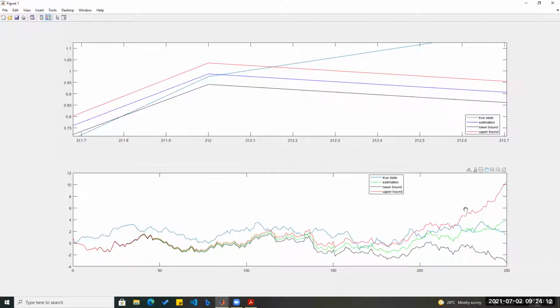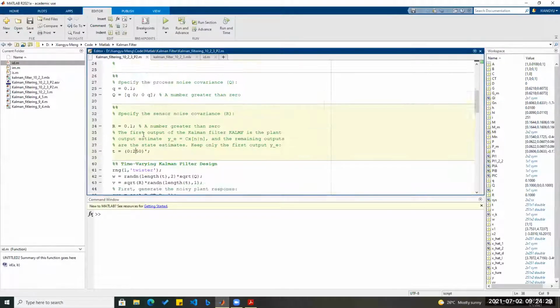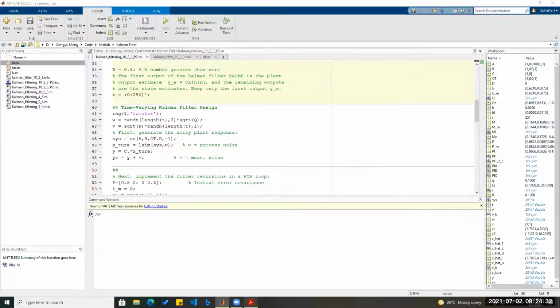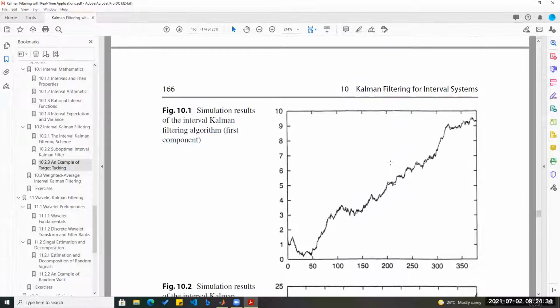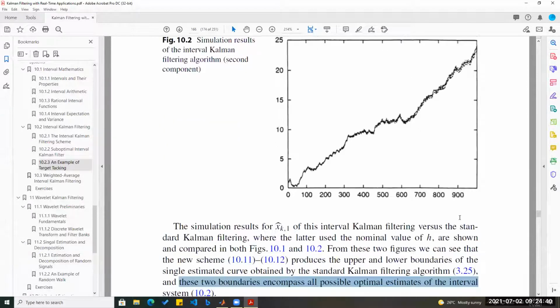And also, like the comment earlier in this section, it said this bound could be very conservative. Okay, as time goes on, the bound will be larger and larger. Then there's one more problem about this approach, because when I increase the interval, I'm not sure if you have wondered, when you look at the two figures, one figure only runs about 350 seconds, while the other one runs 900 seconds.